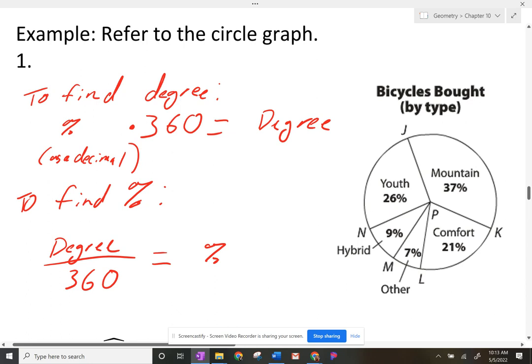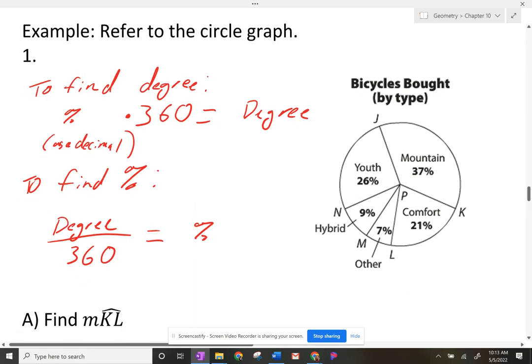But again, if they give you that one, that's what you use to figure out the degree. If they give you the percent, if they give you the degree and you need to find a percent, that's what you will use in the bottom. Okay, finding the percent will be helpful a little bit later as well.